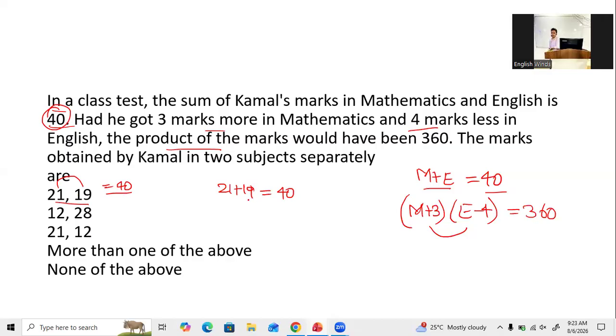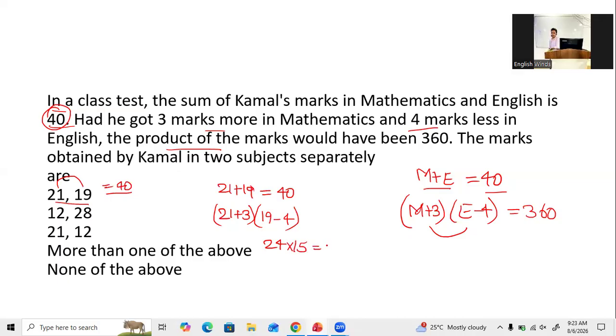Now maths plus 3, that is 21 plus 3, and 19 minus 4. So 21 plus 3 is 24 into 15.